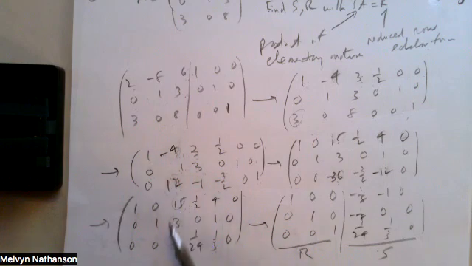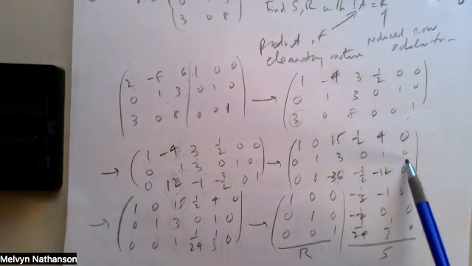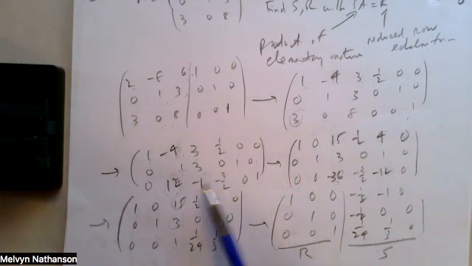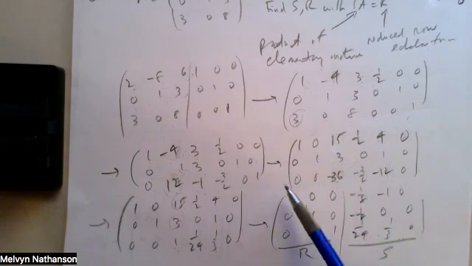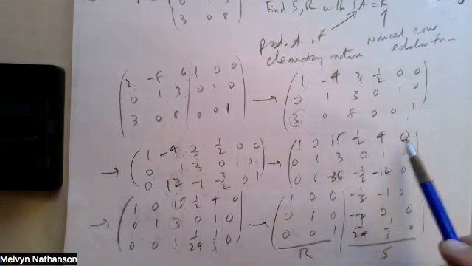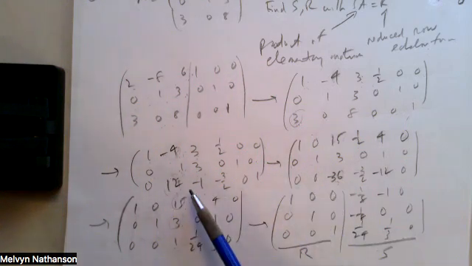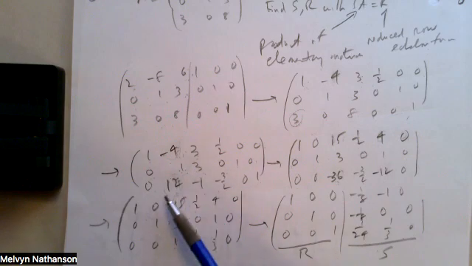Then I get zeros here and here, so my third row is 0, 12, 1... I multiply the third row by 4 and add to the first row. I get 1, 0, 15, a half, 4, 0. Okay.